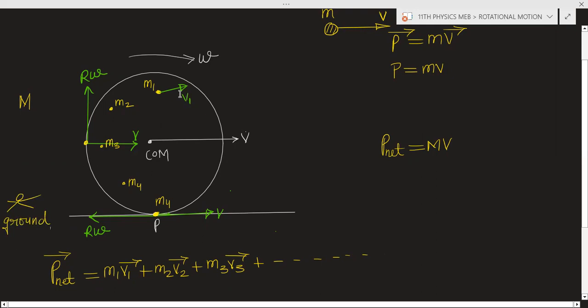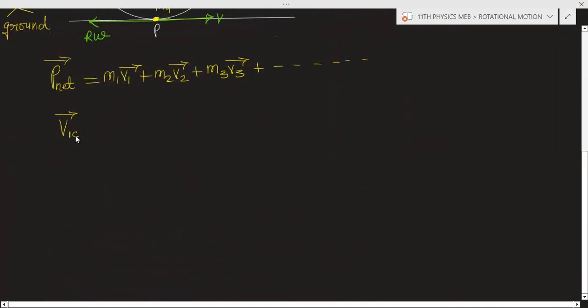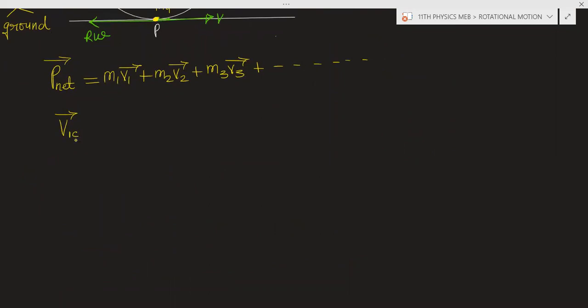The velocity of mass m1 with respect to the center of mass means someone is watching this mass m1 from the center of mass. So it can be written as velocity of mass 1 with respect to ground minus velocity of center of mass with respect to ground.